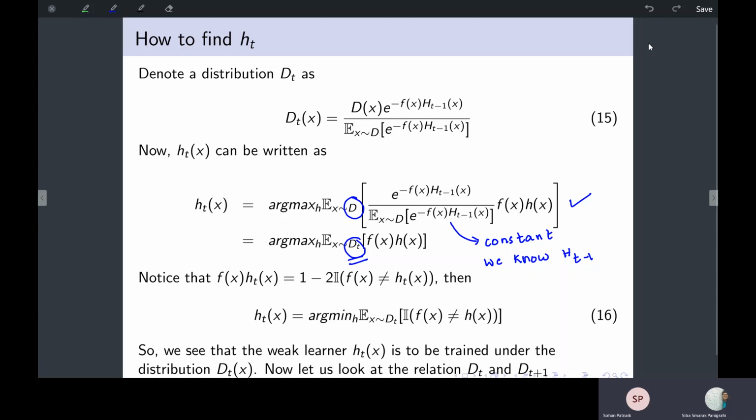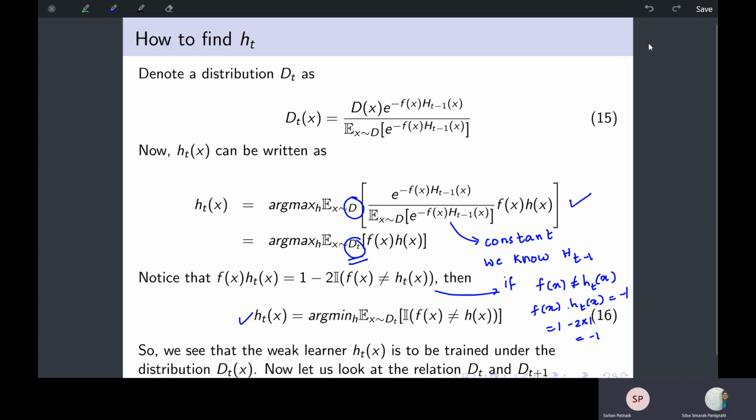Now notice that f(x) h_t(x) can be written as 1 minus 2 into the indicator function of f(x) not equal to h_t(x). This is quite straightforward. Putting this value into the above expression, one negative sign is introduced, so argmax becomes argmin and the rest of the terms remain the same. We take the expectation over the indicator function of f(x) not equal to h(x). So this is the compact form of h_t.